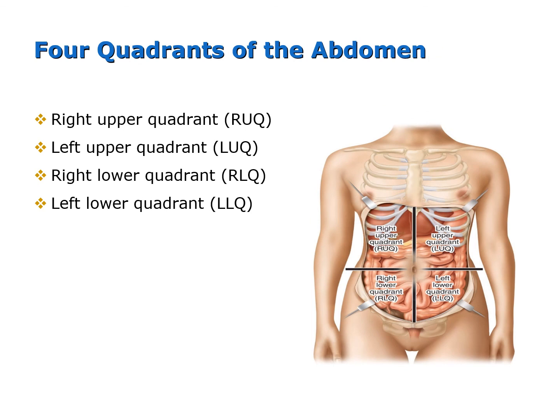In a more simplified way of describing the abdomen, if we don't want to use the 9 areas and we want to quickly describe the presence of some pain, we can use just 2 lines, a vertical one and a horizontal one, that will cross through the umbilicus.